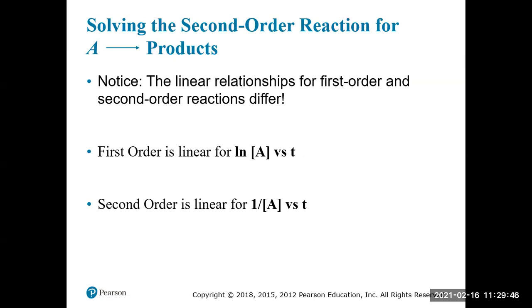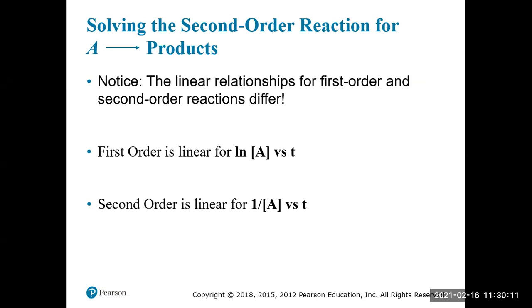If it wasn't a straight line, then we would know it's not first order. So then maybe we would try a second order plot, with 1 over the concentration versus time. If that plot was linear, then that would tell us that we had a second order reaction.